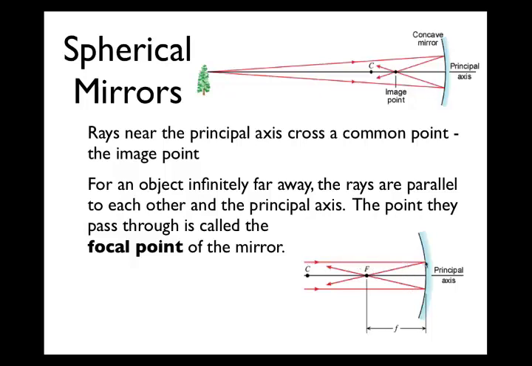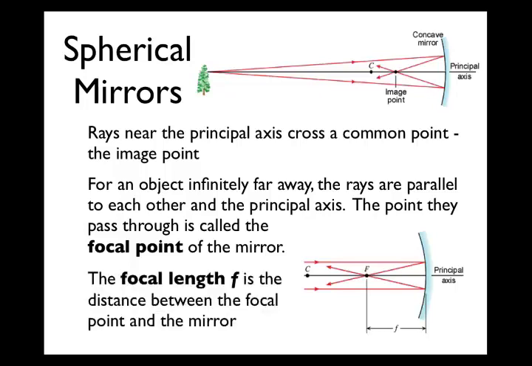So light that comes in on top of the principal axis gets bent down. Light that comes in below the principal axis gets bent up. The point where they converge we define to be the focal point of the mirror, and the length from the mirror out to the focal point is defined to be the focal length of the mirror.